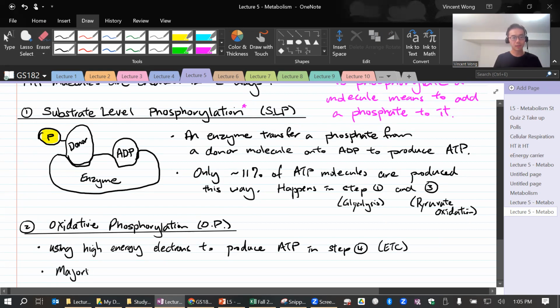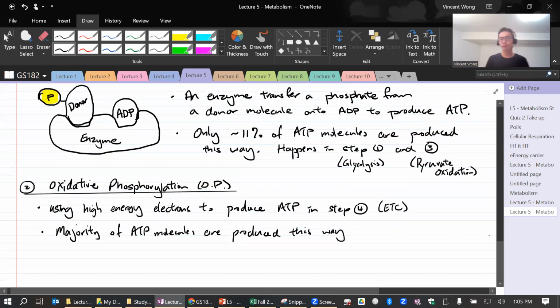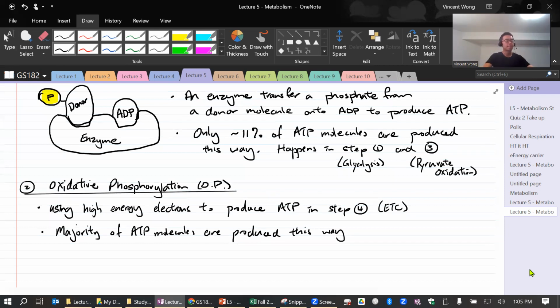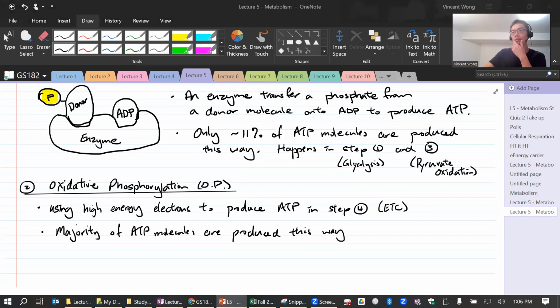Majority of ATP molecules are produced this way. That's all for now, as background information.